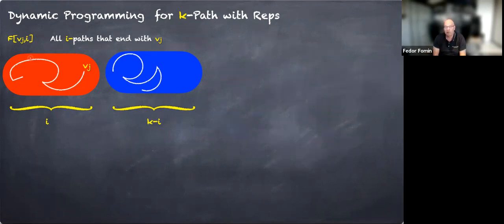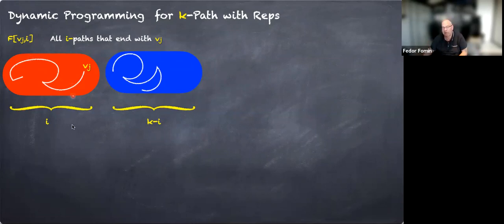Okay, so if I have in my graph a path of length k, then if I can continue some path of length i which ends in vertex v_j, I should be able to add to this path, or to this vertex set, k minus i new vertices. So this is what I want to do.